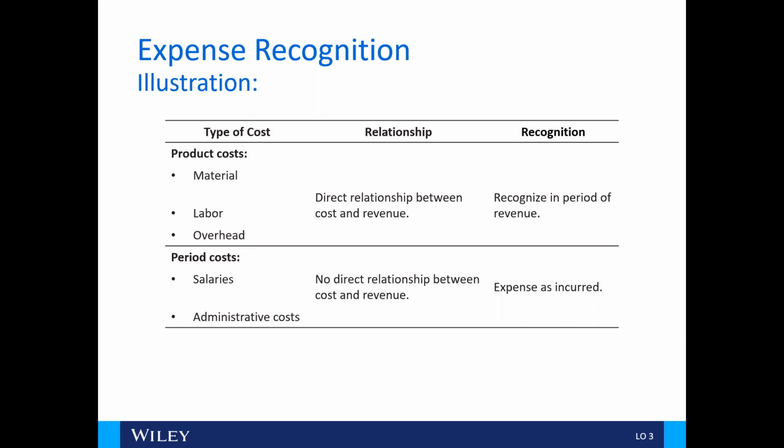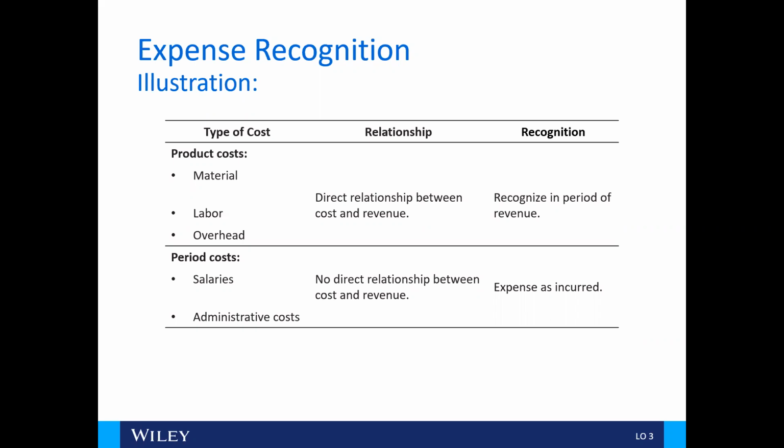The issue is that I can't immediately record direct materials as an expense, not until after the product is finished and then it's sold. Because remember, these costs are issued into production and they go into work in process. And then once they're finished, they go into finished goods. And finally, when we sell them, we take them out of finished goods and we put them in the cost of goods sold expense item.